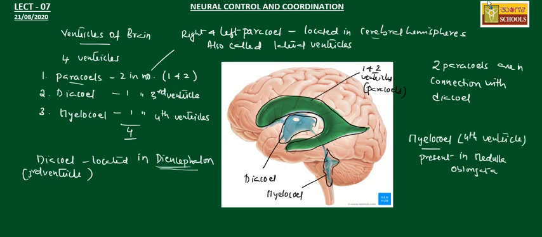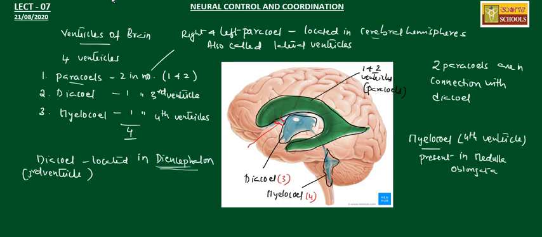Now all these ventricles are connected with one another. The paracoels are in connection with the diacoel. Here we can see a small connection that exists between the paracoels and the third ventricle, the diacoel.